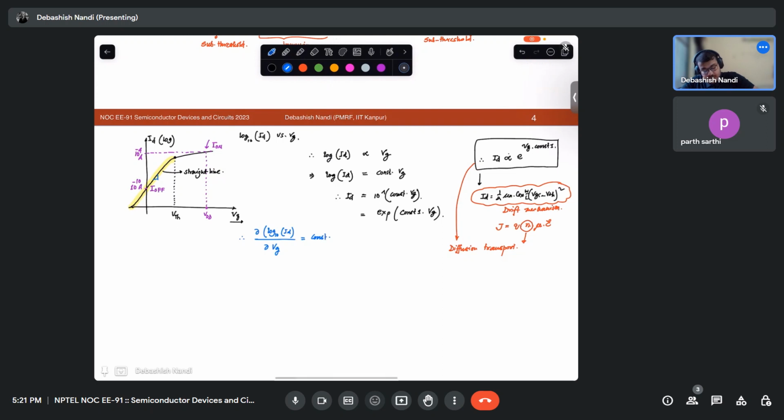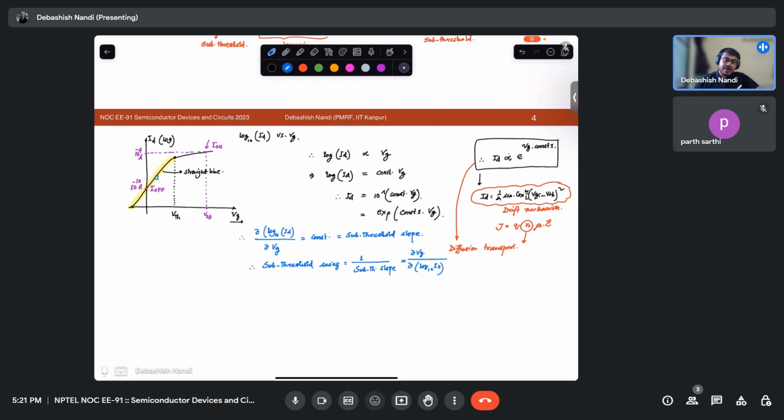This constant we call the subthreshold slope. And there is another quantity called subthreshold swing, that is nothing but 1 over the subthreshold slope, that means del Vg over del log 10 ID.